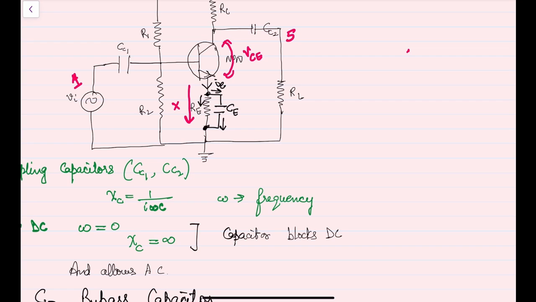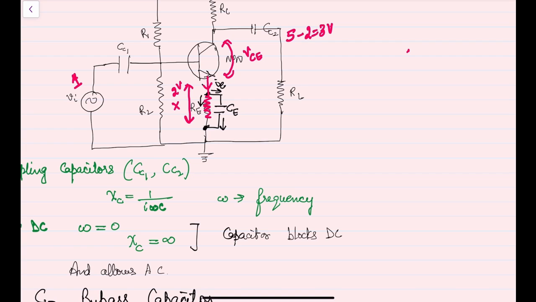So at the output there should be a 5 volt drop, but if the current IE flows through the resistance, there will be some voltage drop, for example 2 volt, at this resistance, and the output will be only 5 minus 2, that is 3 volt.